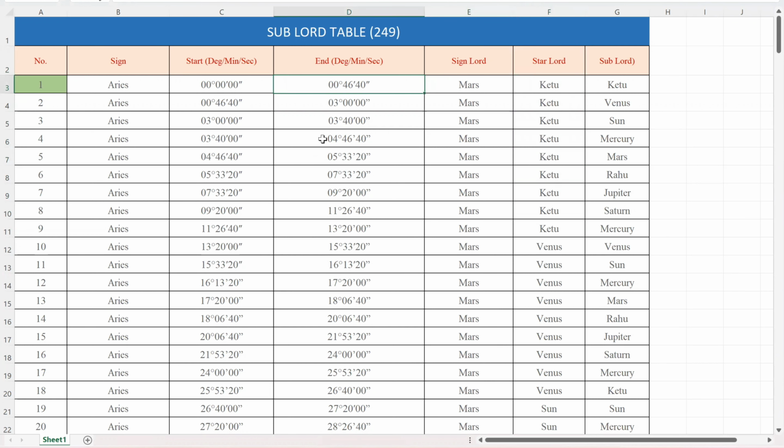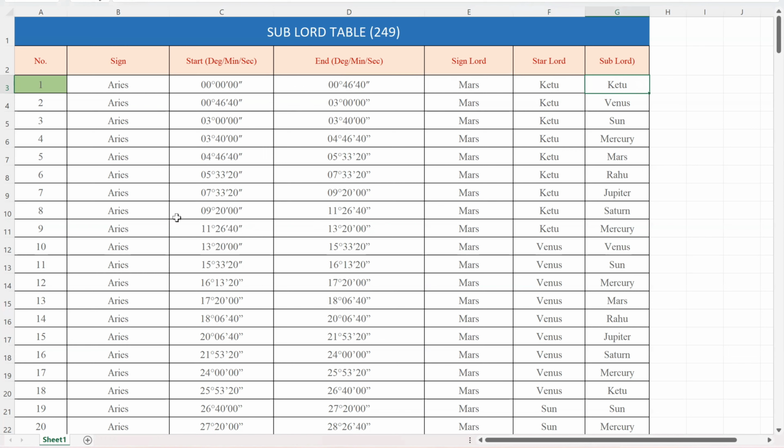So if you will see here, the Aries starts from 0 degree, and we have seen this calculation just before, the 0 degree and 46 minutes. Then we have sign of Mars, Ketu, and Ketu. What does it mean? If any planet is in between the longitude of these two, we can safely say that planet is in sign of Mars, star of Ketu, and sub of Ketu.